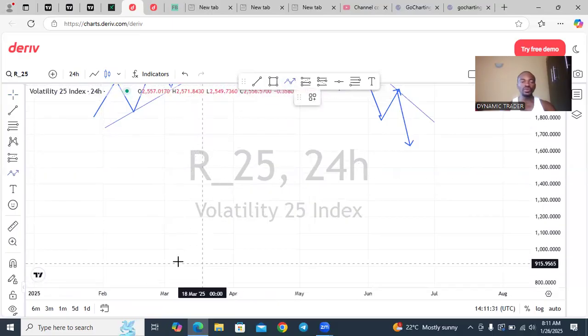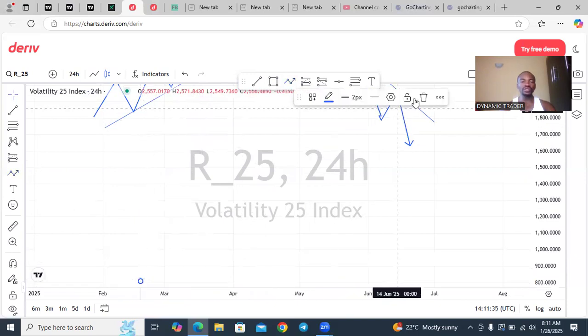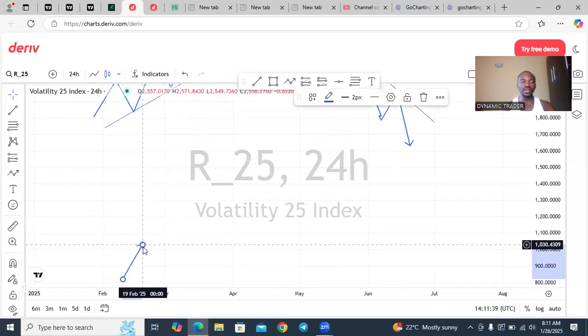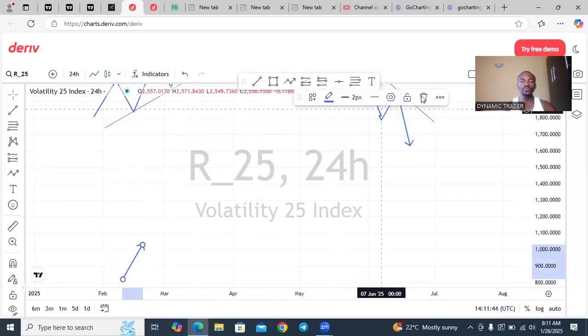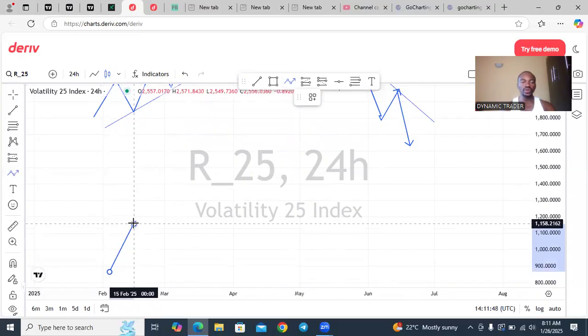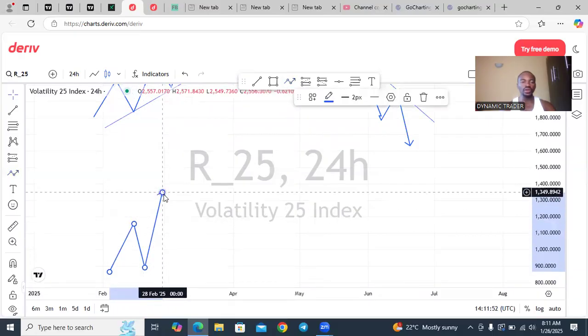Now, for instance, for you to know that the market is trending to the upside, it has to be creating what? Higher highs and higher lows. So this is a low, a high, a low, a higher high.